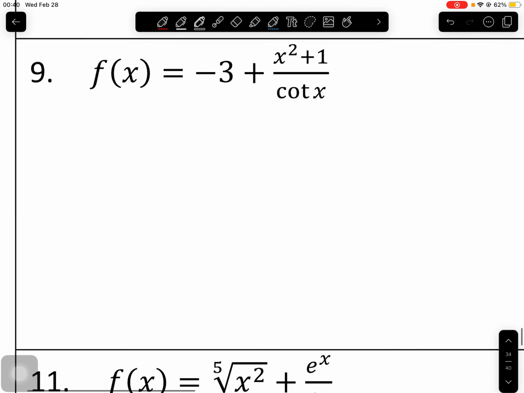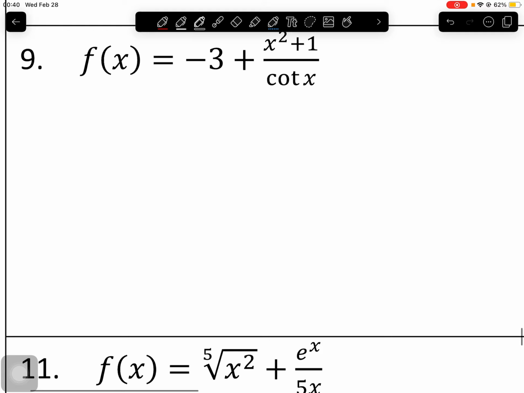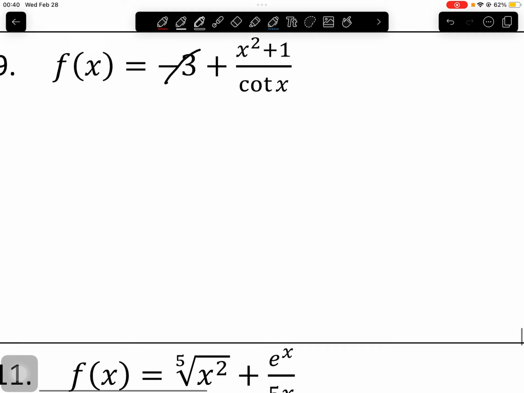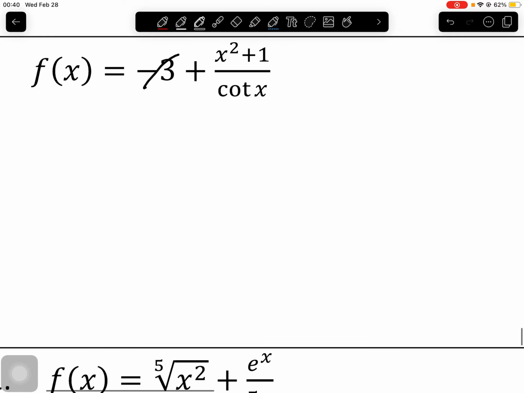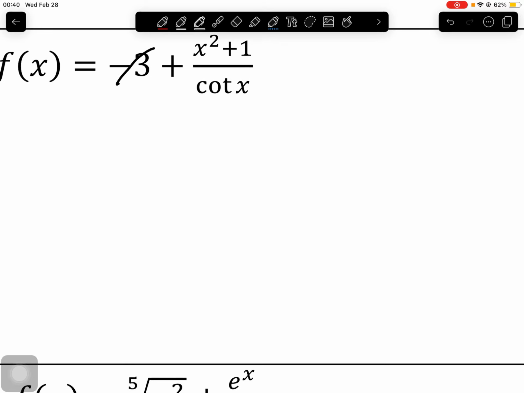Now, number 9. Similarly, with number 9, when we take the derivative, this negative 3 is going to get canceled. So, we're only looking at this second portion. So now, it's basically quotient rule. So, we're going to do low, high, low d-high.